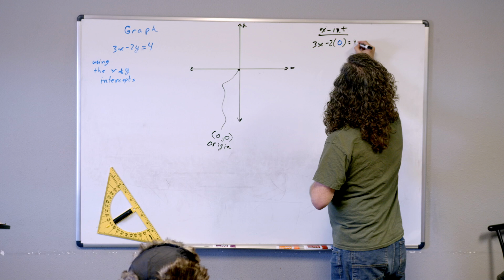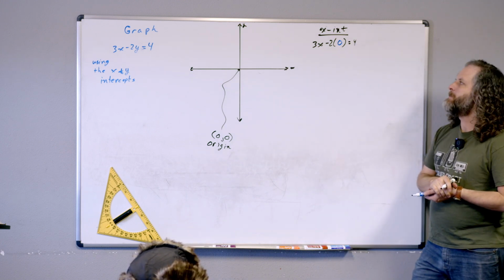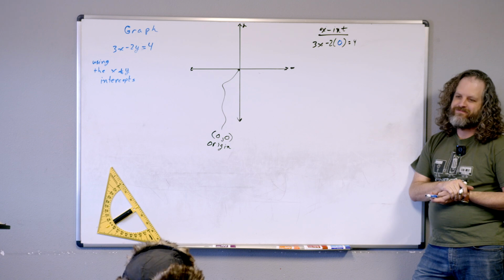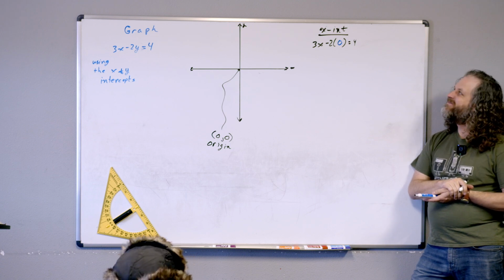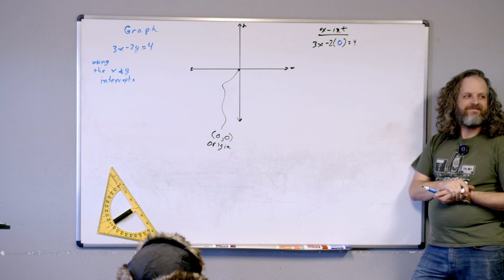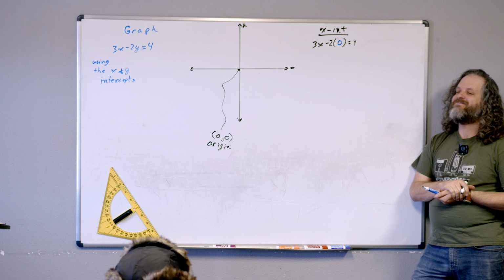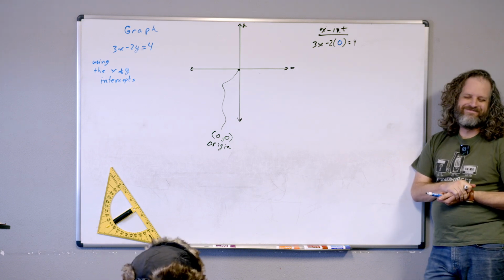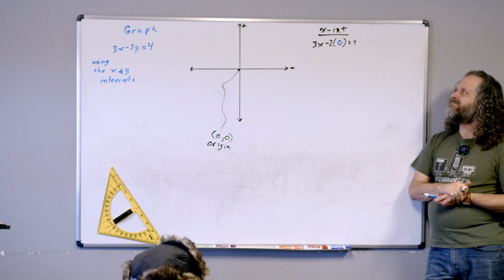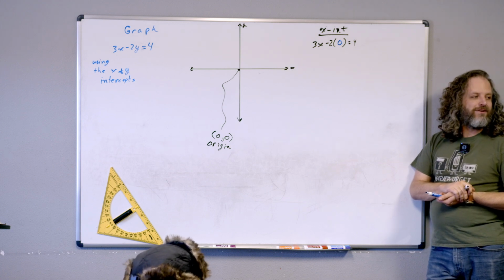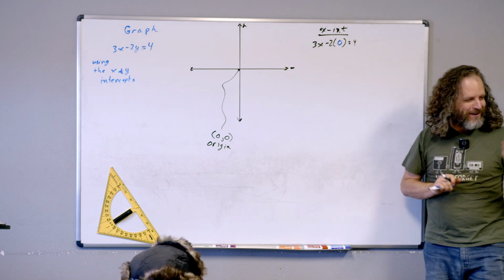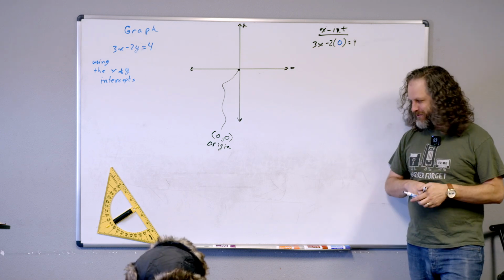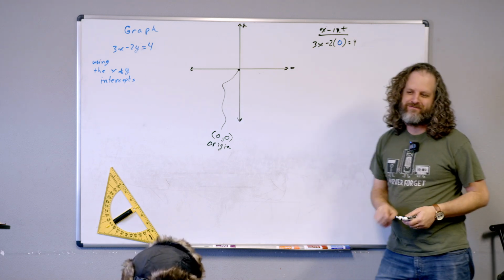That equals 4. So now we can solve that for x, right? What do we do to solve that for x? Negative 2 times 0 sounds like a great place to start. What's negative 2 times 0? 0.